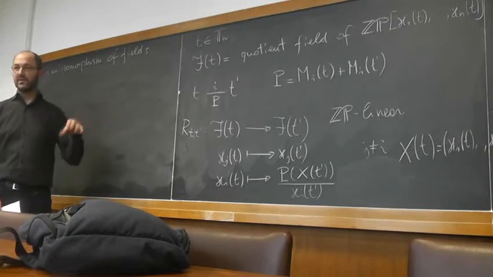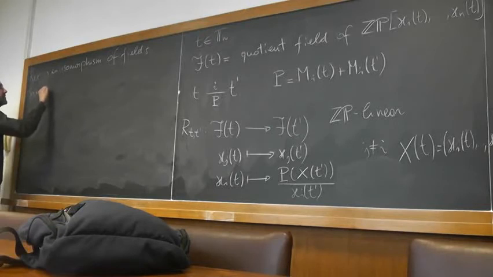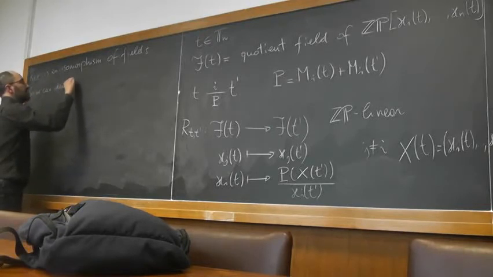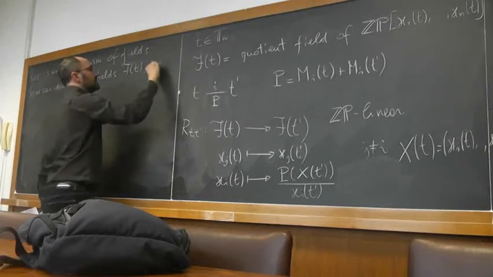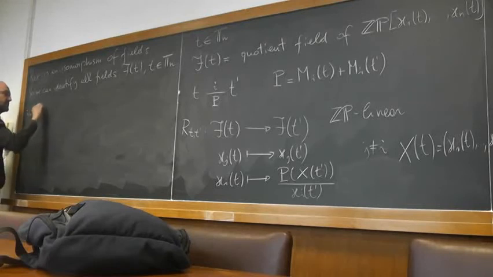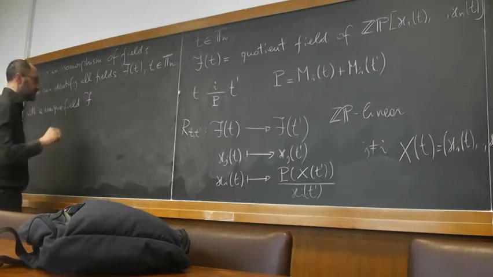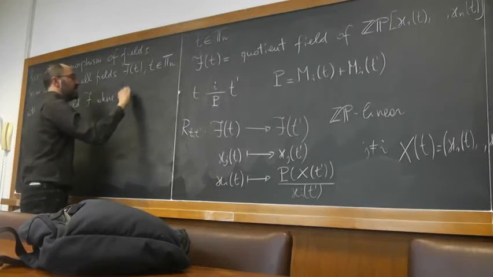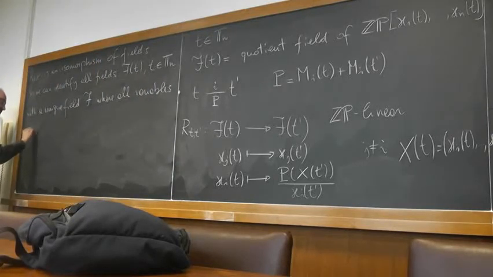And so for all t varying in the tree, we can identify all fields Ft with a unique field F, where all variables xit live.